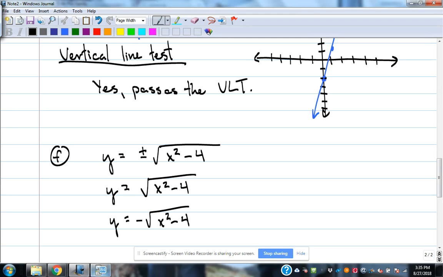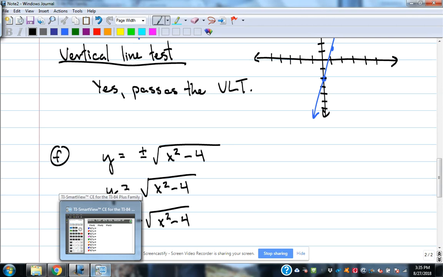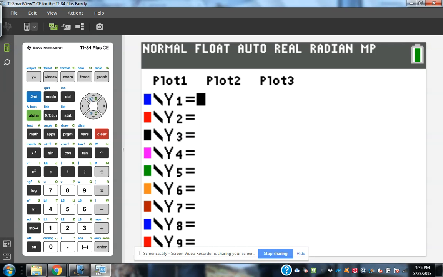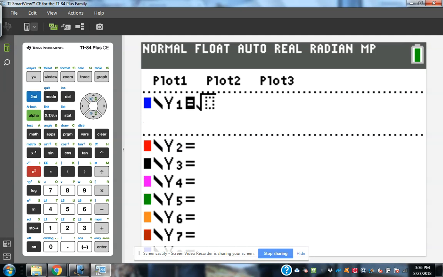Okay, so when I go to graph that with the graphing calculator, I've got to put in 2 different equations for that. So I'm going to put the positive side in y1. To get the square root button, you hit second, and then right there in blue above the x squared is the square root. So it gives me a square root symbol, and I'm typing x squared minus 4.